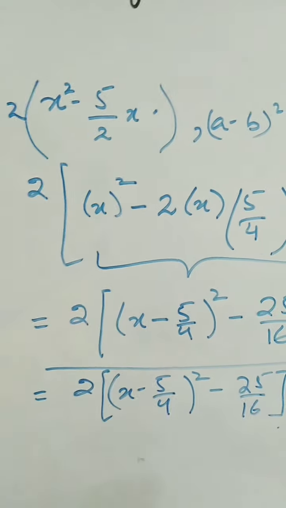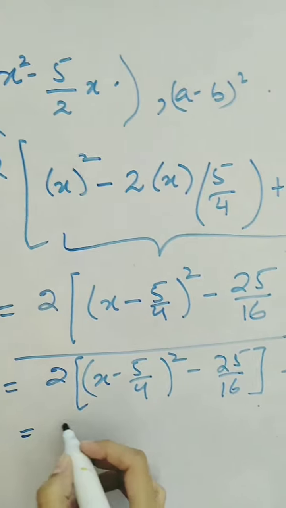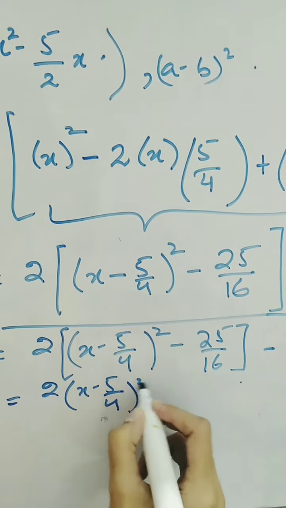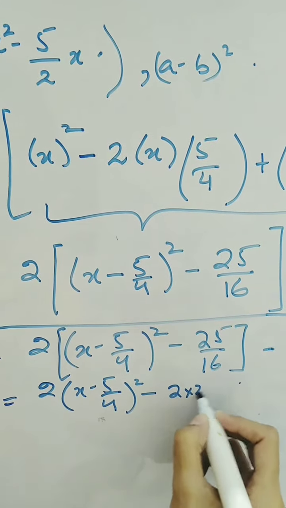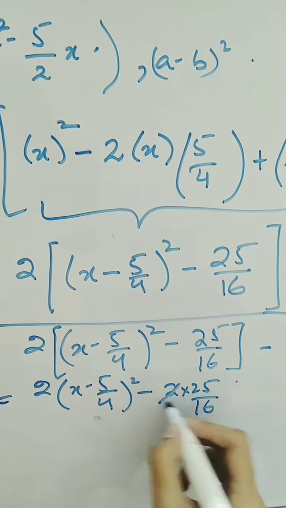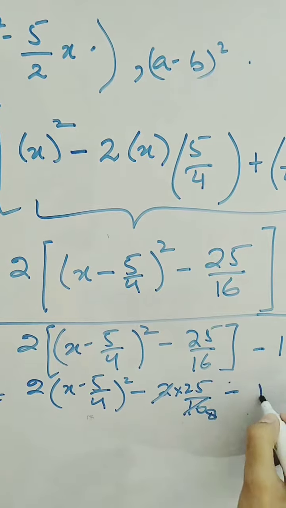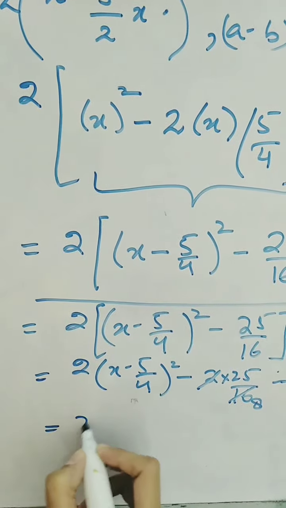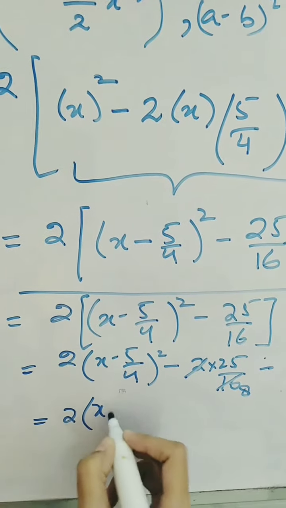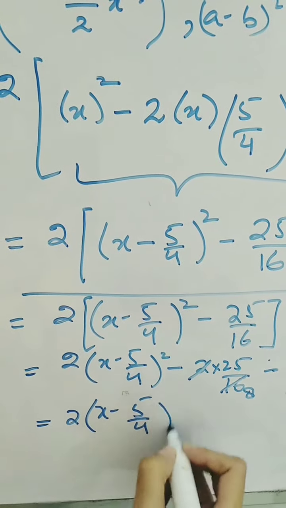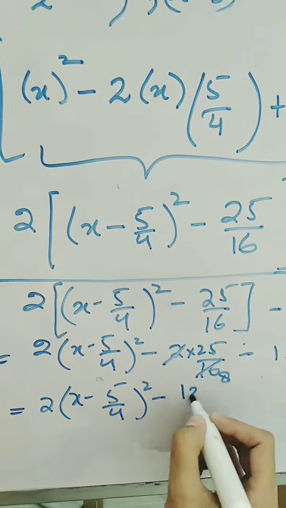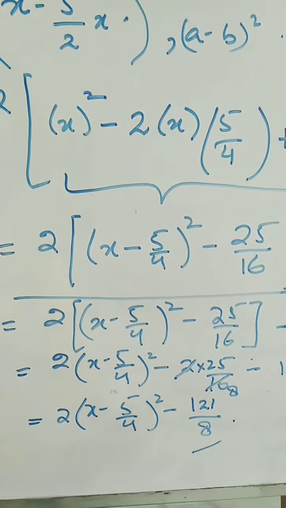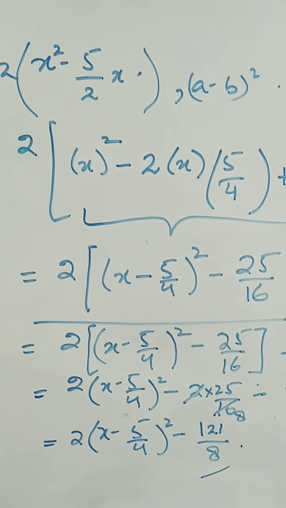Now further solving, we have 2(x − 5/4)² − 121/8, and this is the range of our function as well.